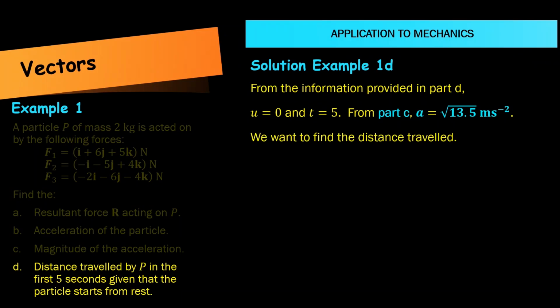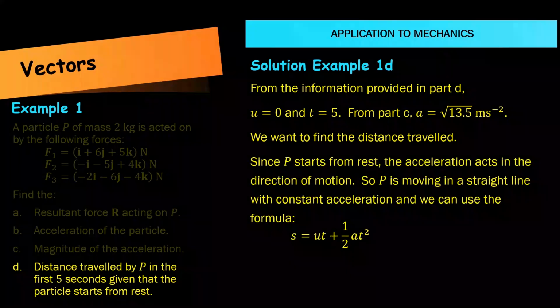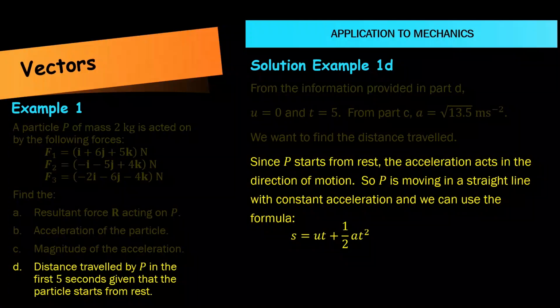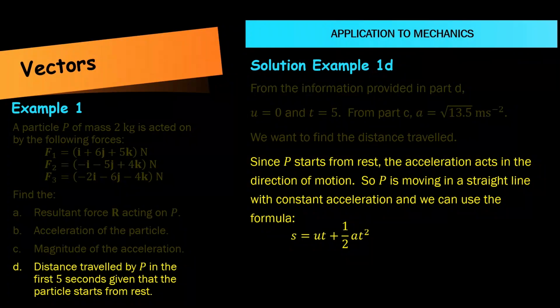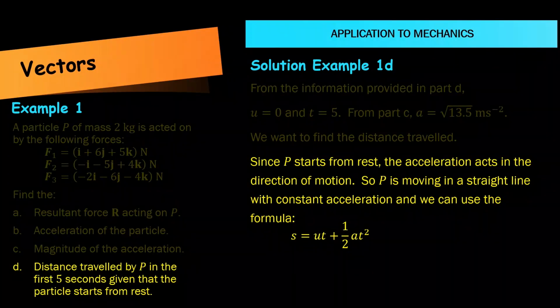travelled. Since P starts from rest, the acceleration acts in the direction of motion, so P is moving in a straight line with constant acceleration, and we can therefore use the formula s equals ut plus a half at squared, where s of course is the distance.